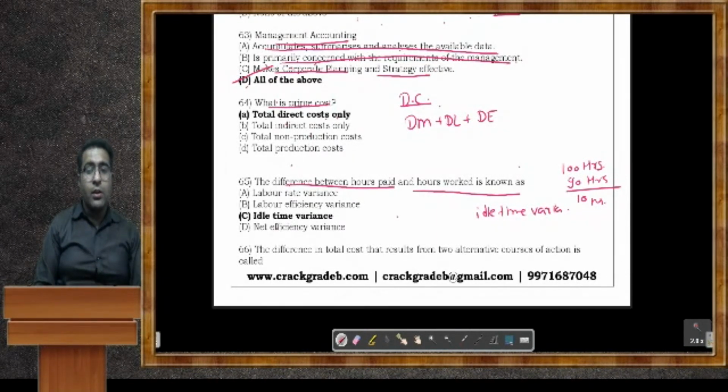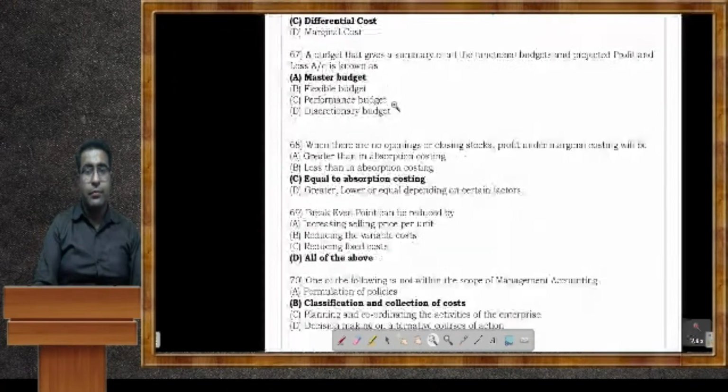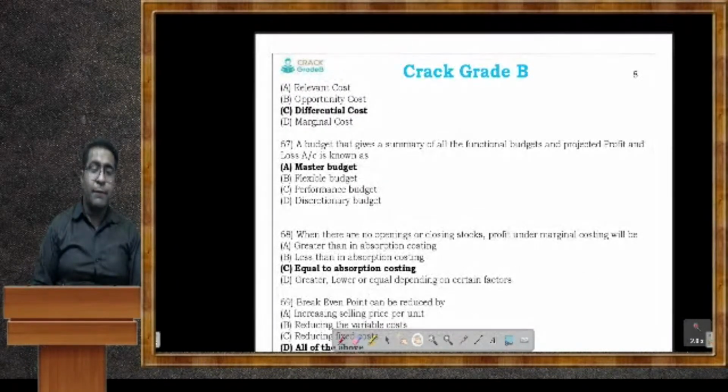The difference in the total cost that results from two alternative courses of action is regarded as differential cost.